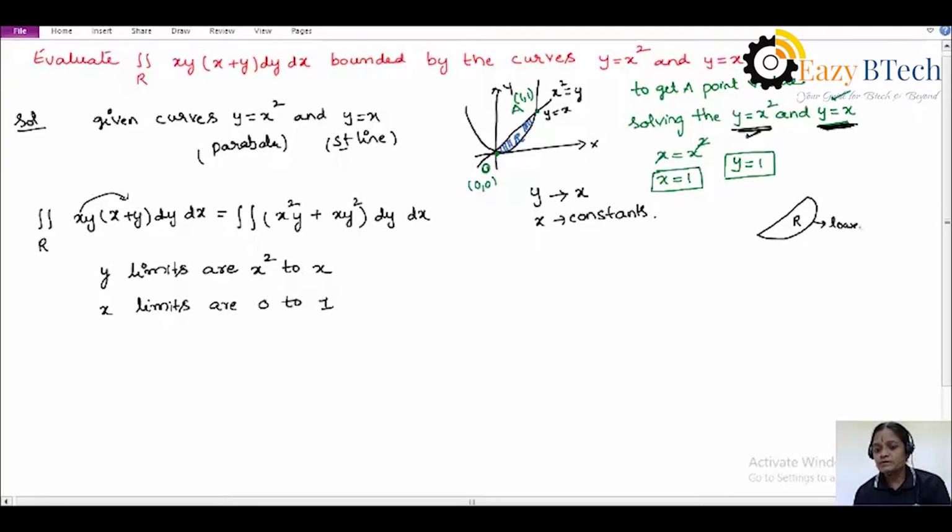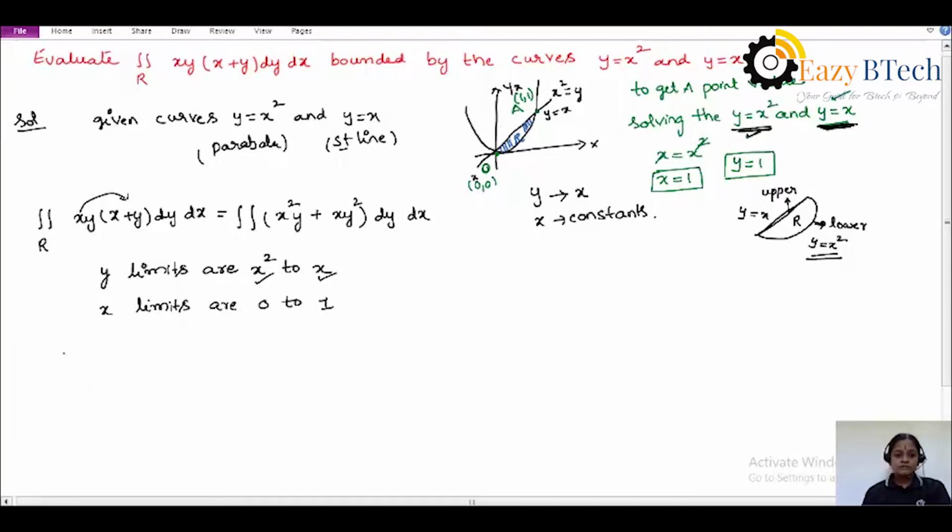The lower part of the region is the curve y = x², so y = x² is the lower limit, and the upper part is the line y = x, so the upper limit is x. The x limits, according to the diagram, are 0 to 1.